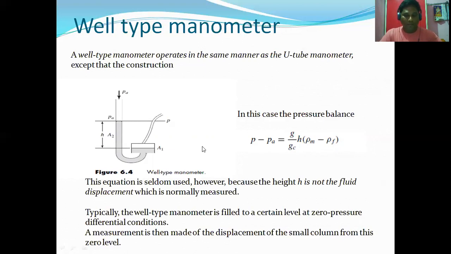A measurement of a well-type manometer is made up of the displacement of the small column from the zero level. Here, this level A1 is the zero level.